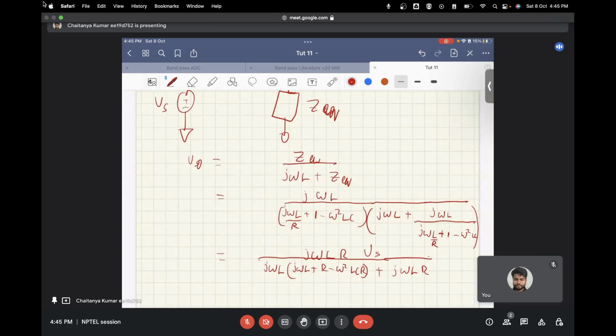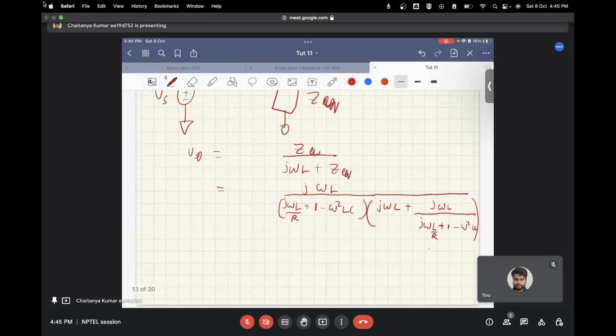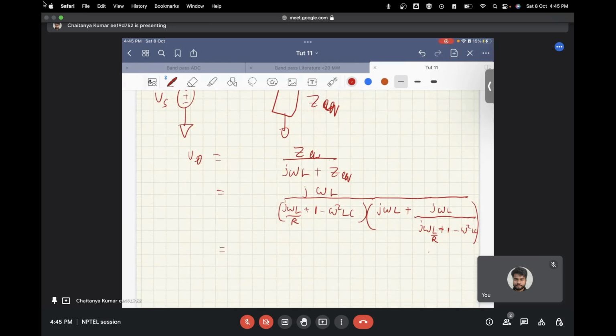So now if we expand the equation, what we have over here is j omega L divided by, now again this j omega L can be cancelled in top and bottom.